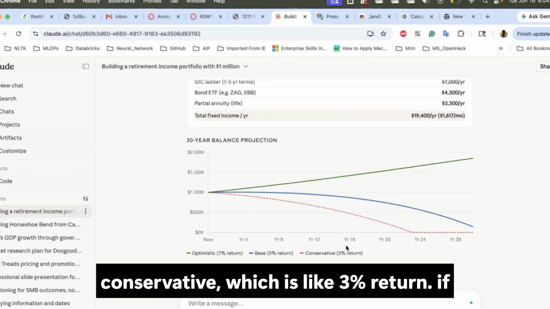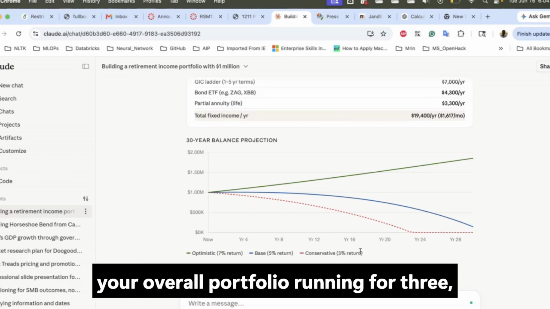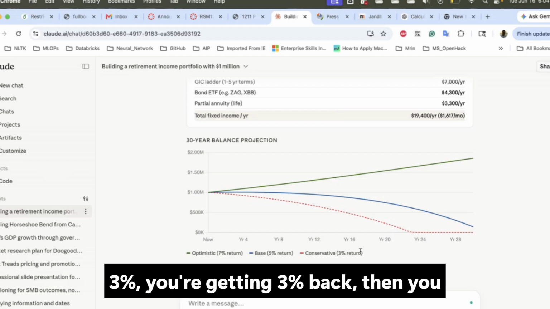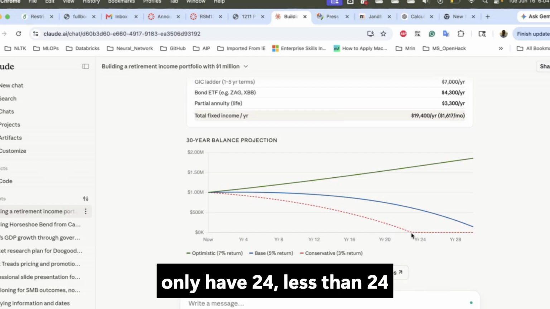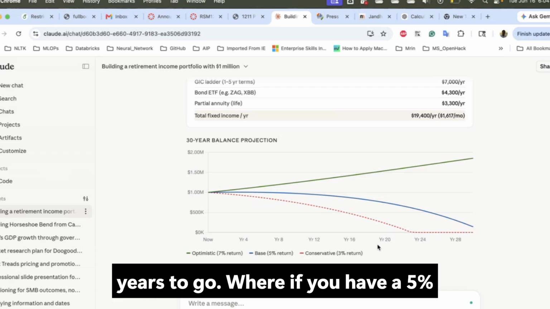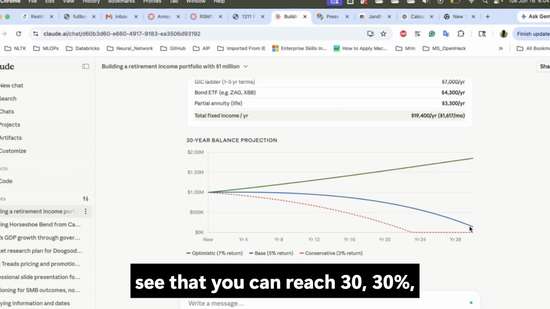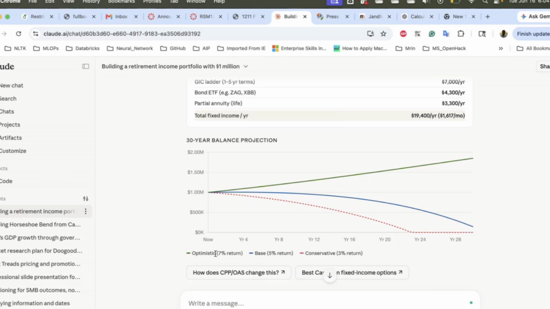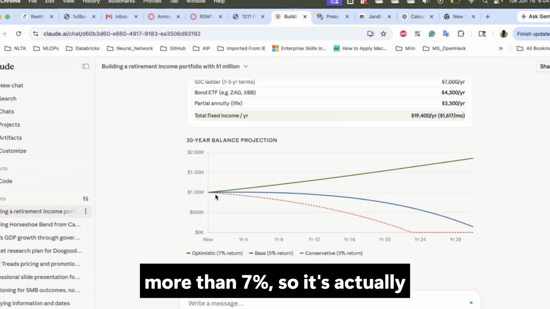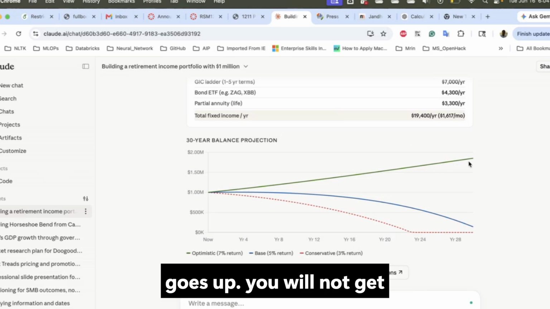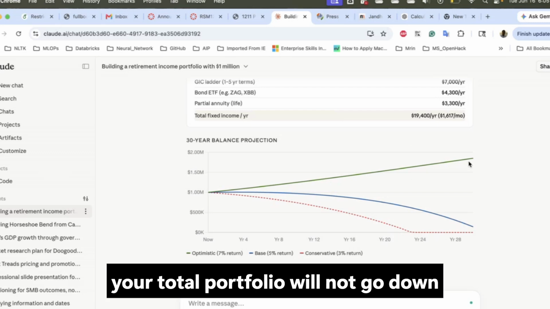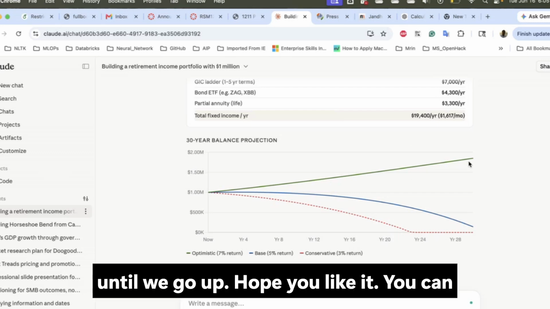If you have a conservative 3% return, meaning your overall portfolio returns 3%, then you have less than 24 years to go. If you have a 5% return, which is the base case, you can reach 30 years. And if you have more than 7%, it goes up. Your total portfolio will not go down, it will go up.